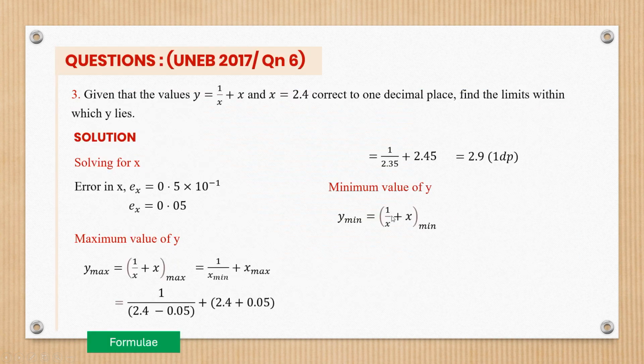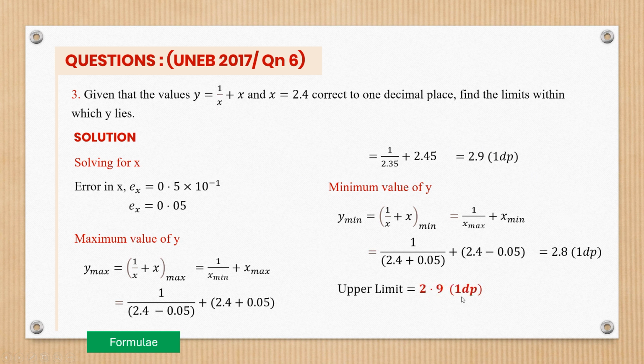Because 1 is a constant, I'll consider the maximum of x in this quotient. So that's 1 over x max plus x min, which shall give me 2.8 to 1 decimal place. Now that I know the maximum value and the minimum value, it's easy to find the limit. So the upper limit is 2.9 because that's what I get from the maximum, and the lower limit is 2.8, and these are the answers they wanted.